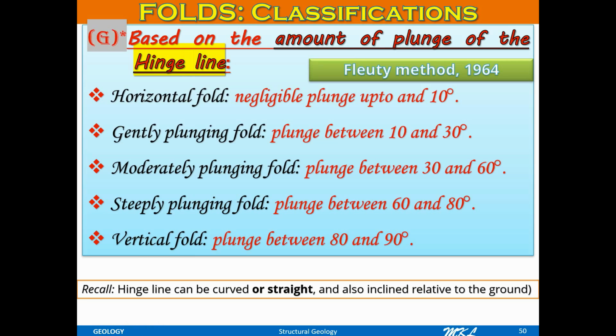The hinge line can be curved or straight, but in most cases you will find that it inclines relative to the ground. For a horizontal fold the plunge is negligible, up to 10 degrees. For a vertical fold the plunge is between 80 and 90 degrees. In between you have the plunging folds, depending on the hinge line. I hope you remember what a hinge line is.